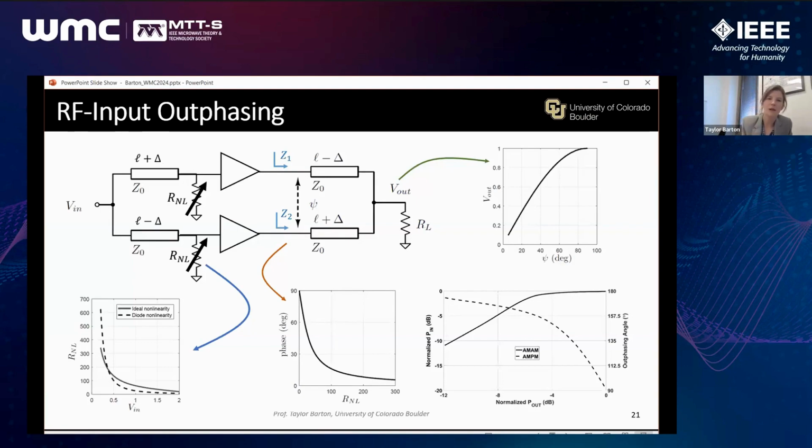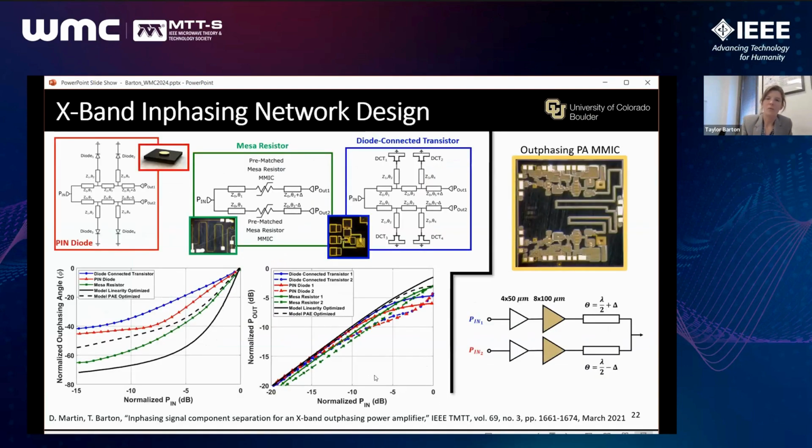Since we're talking about GaN MMICs, we looked for a nonlinear resistor for this in-phasing strategy that is compatible with MMIC technology. Right? The end goal is to put this all in one chip. And so a former student of mine, Daniel Martin, compared PIN diode, mesa resistor, which I guess Mike Roberg's on the call, so thanks, Mike, for pointing out to us that the mesa resistor in GaN is very nonlinear.